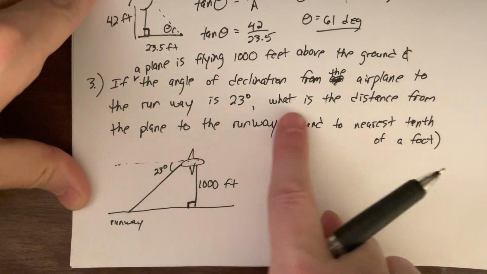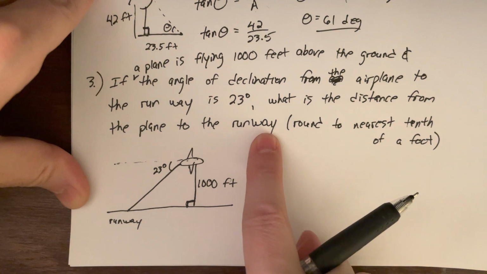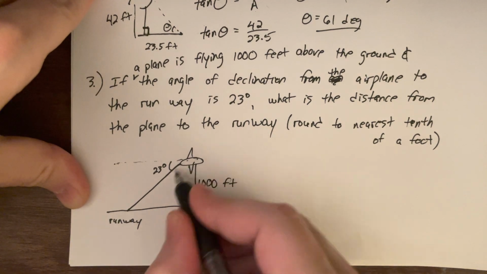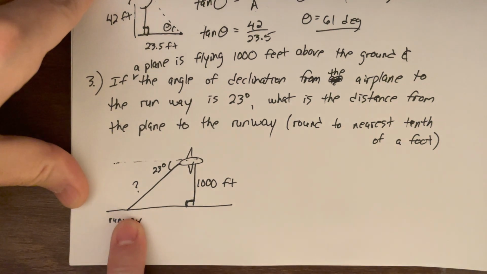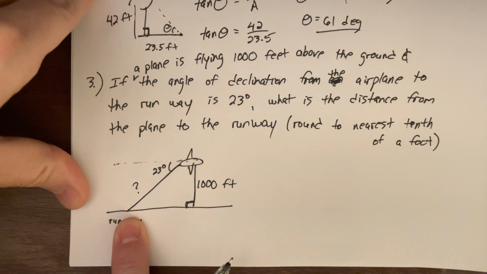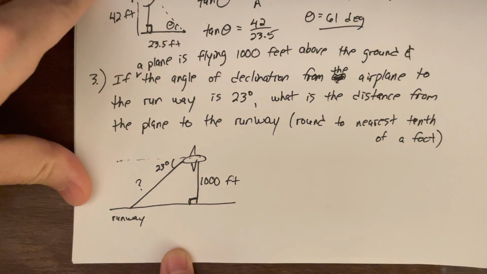And what are we looking for here? The distance from the plane to the runway. We are looking for this side over here. So, where do we go from here? Well, there are going to be two very quick alternatives right off the bat in this problem.